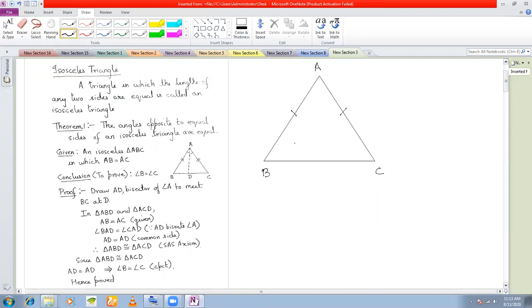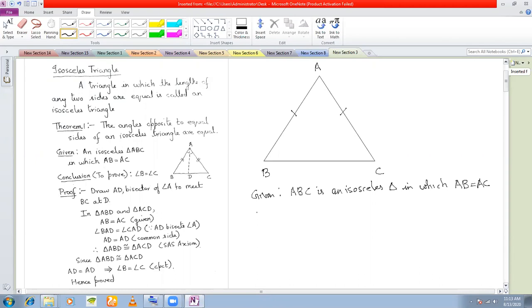Okay, so given here is an isosceles triangle. Given: ABC is an isosceles triangle in which AB is equal to AC.